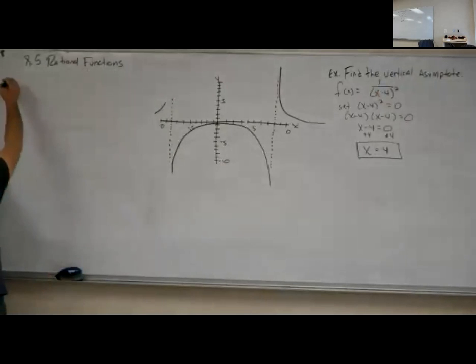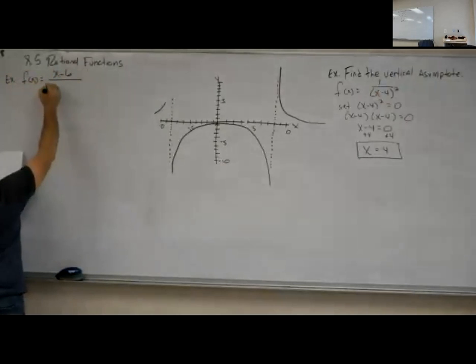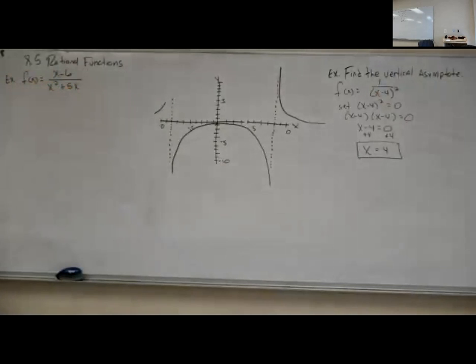There you go, same thing. F of x equals x minus 6 over x squared plus 5x. So set that bottom equal to 0.